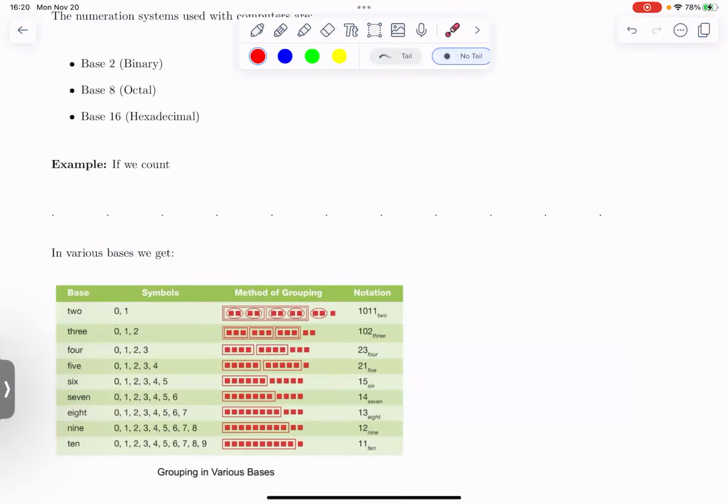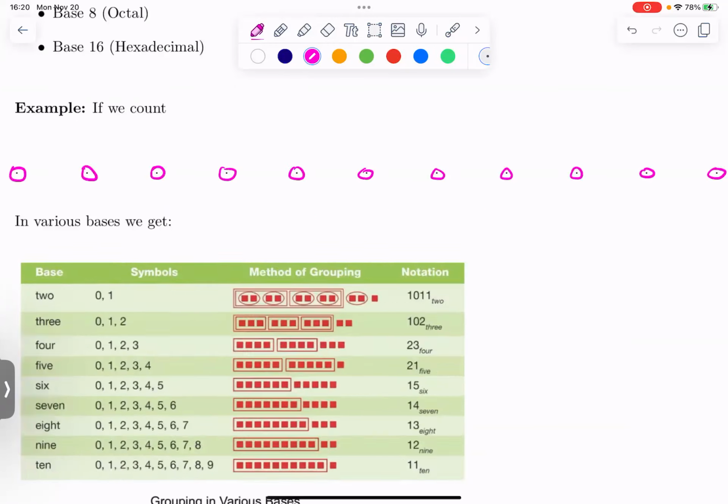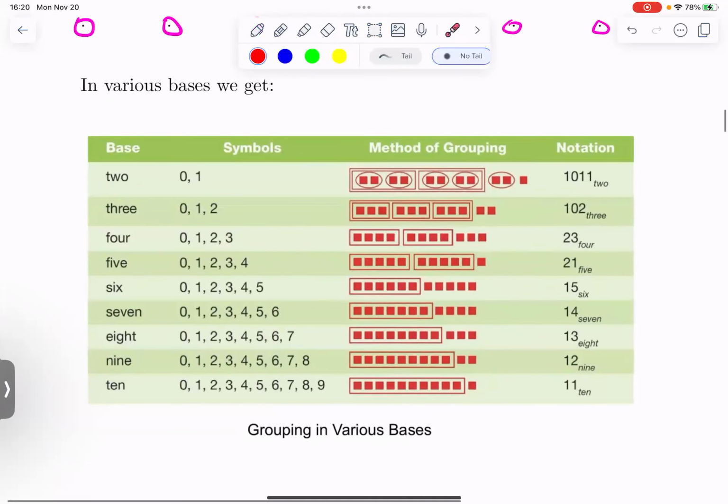There are dots here. 1, 2, 3, 4, 5, 6, 7, 8, 9, 10, 11 dots, base 10. Right? And now we can look at how this behaves in different bases. So you've still got 11 dots that we know what they look like.